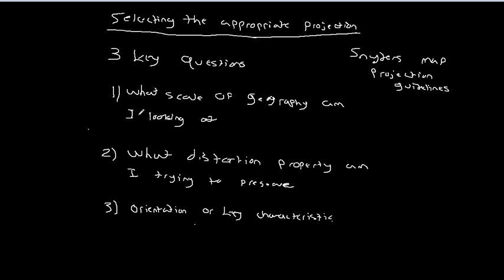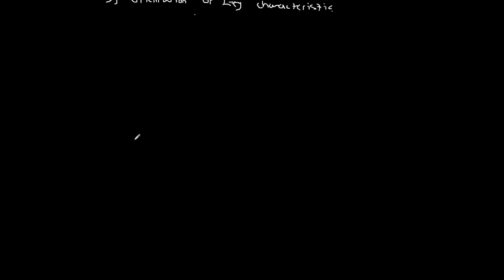The first question is the most important, and that's what scale of geography am I looking at? What level of geography are you planning to map? And basically what it boils down to is there's four answers. So let's take a look at that question first. What is my geographic scale?